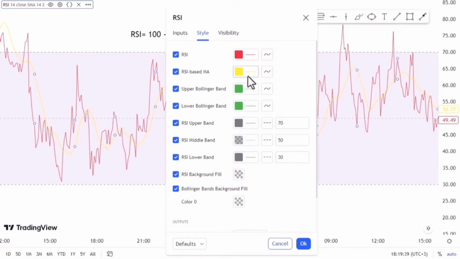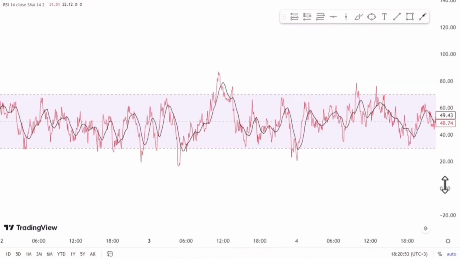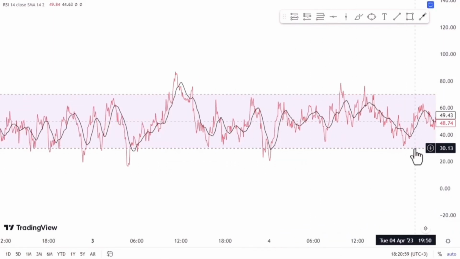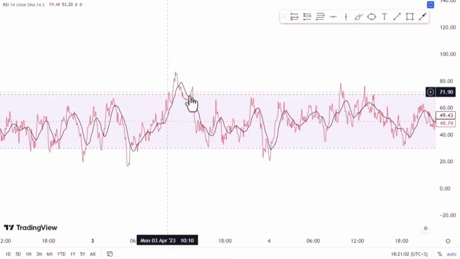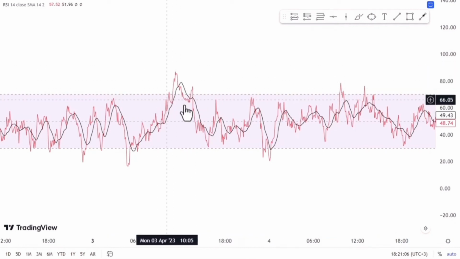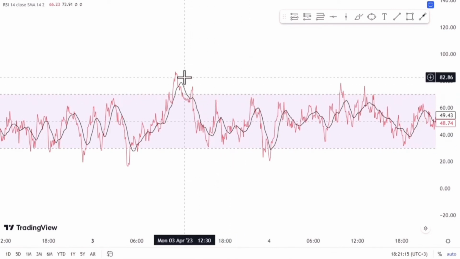So as I told you before, the RSI oscillates between the levels of 0 and 100. Our key levels are level 30 here and level 70 here. So whenever the price is approaching and going above the 70 zone, it means it is overbought and we may have a reversal of the price.